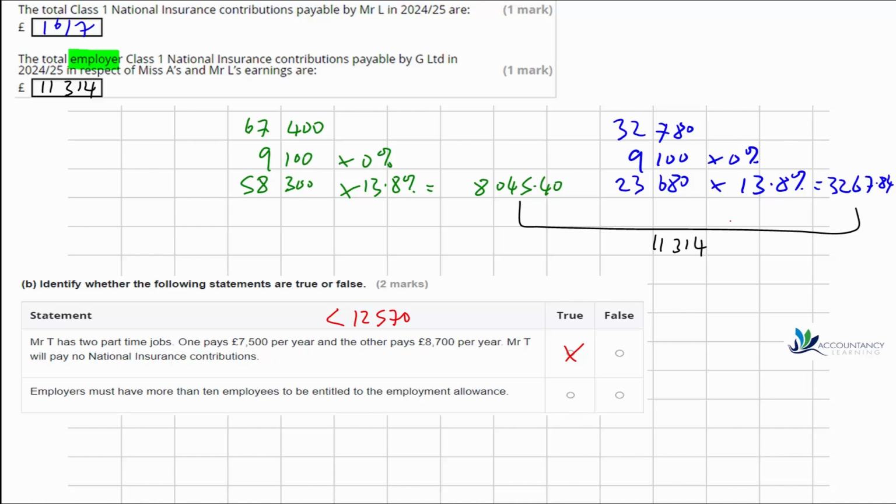But there's no requirement to have any number of employees to be able to use this allowance. So in this question, it said employers must have more than 10 employees to get the allowance, so that is false. You don't need to have any number of employees. The only issue relating to employees is that a company with just one director and nobody else would be ineligible for the allowance.